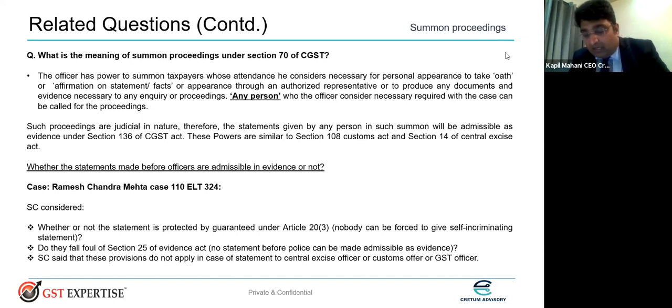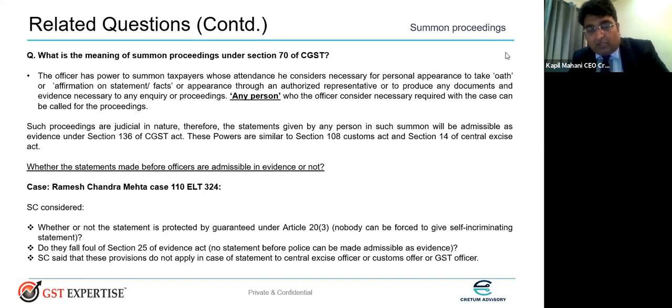But that happens only in the case of police, because the police have the powers to file the charge sheet, but the GST officers are not on par with the police, because the central excise officers or the customs officers do not have the power to file the charge sheet.